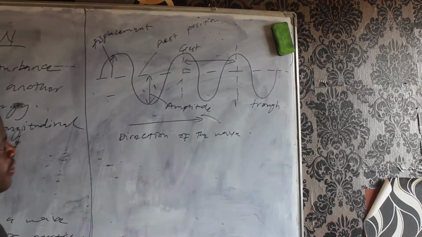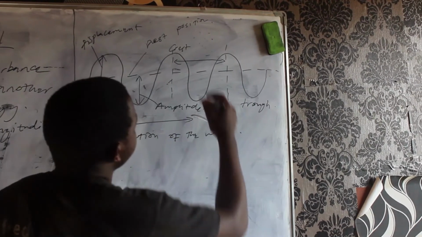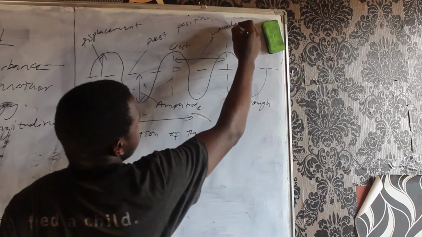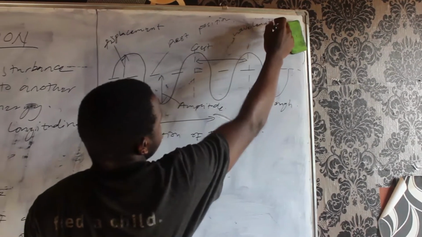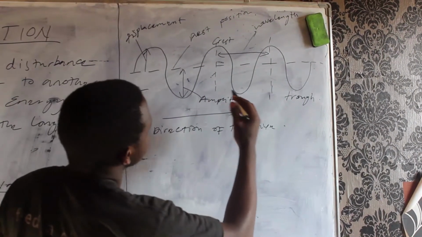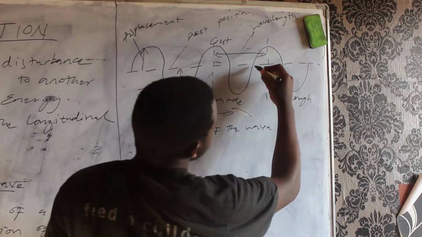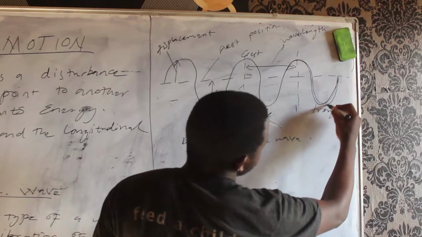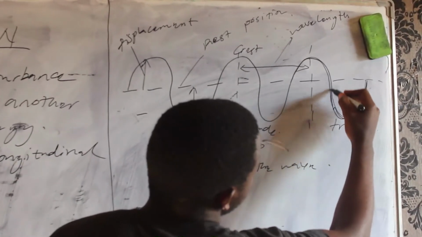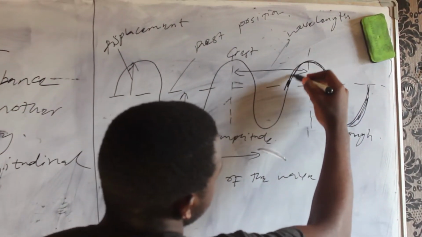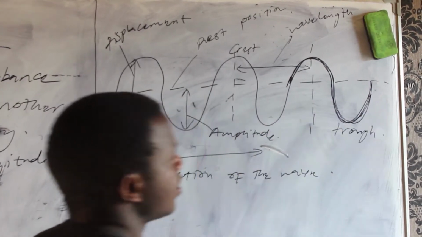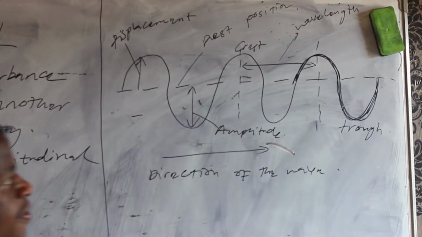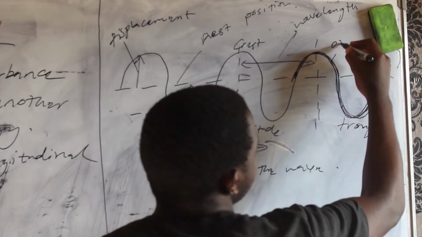So that distance is referred to as a wavelength. Then this part, the part that I've drawn in black, this represents one wave. So this is one wave.